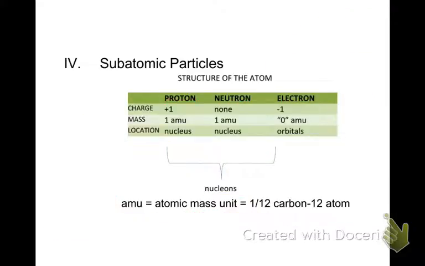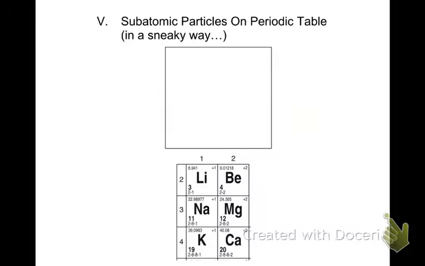Now, if you don't have your periodic table out, get your periodic table out using your reference tables, because we're going to discuss where the subatomic particles are kind of hidden on the periodic table. They're there, they're just there in a very sneaky way.